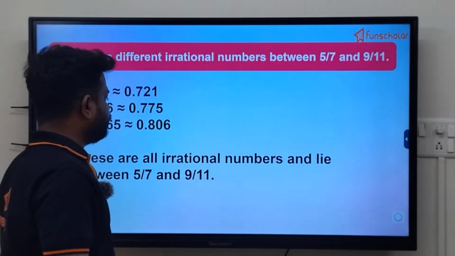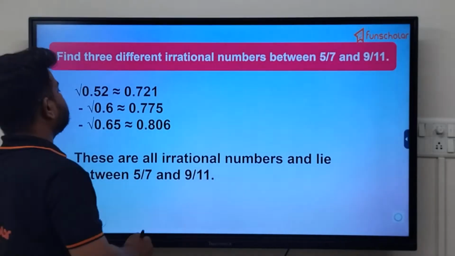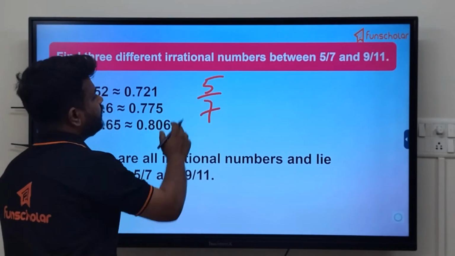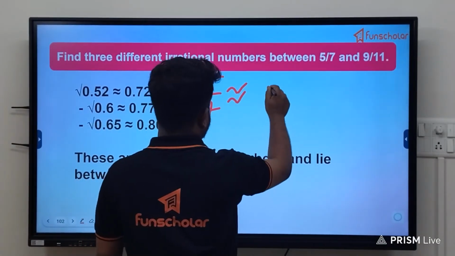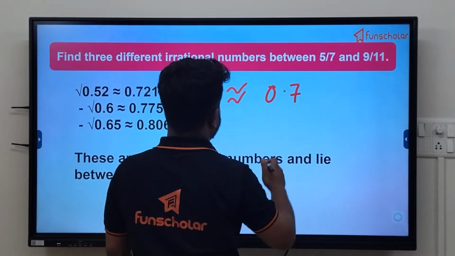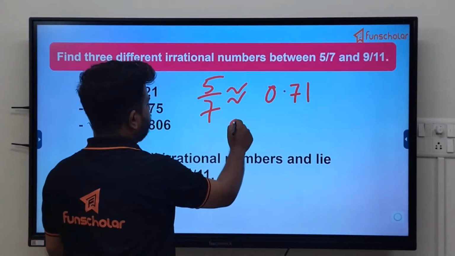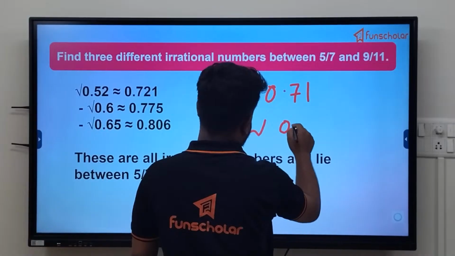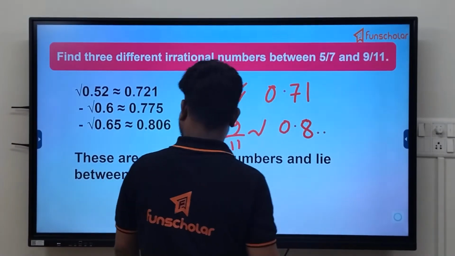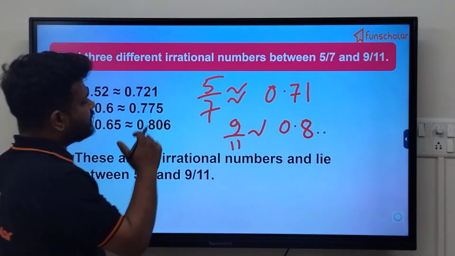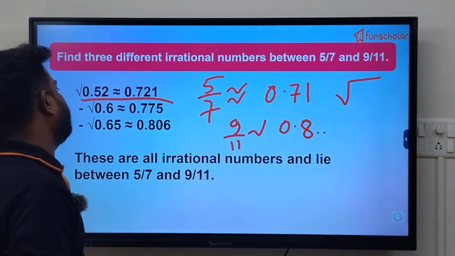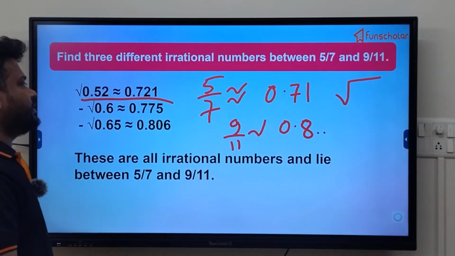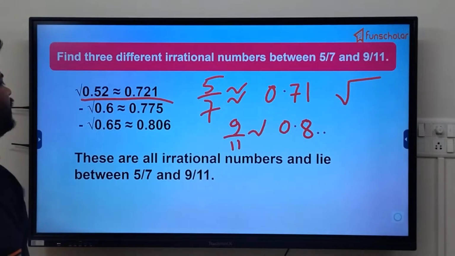To solve the sum, we have to find the decimal value of 5 by 7 and the value of 9 by 11, and then try to put a root number in between these two numbers, to find root over 52, which is greater than 0.71 and lesser than 0.8. This one is quite easy.